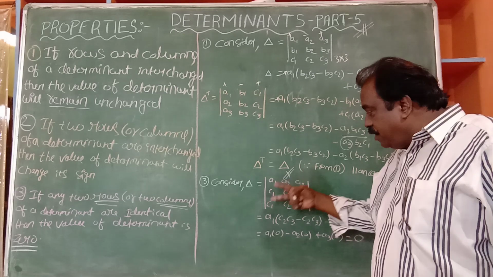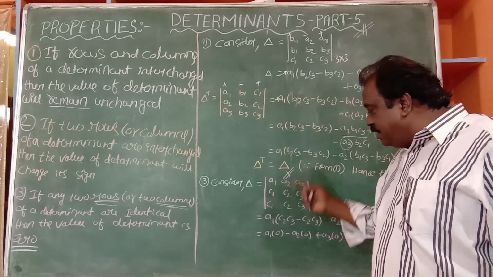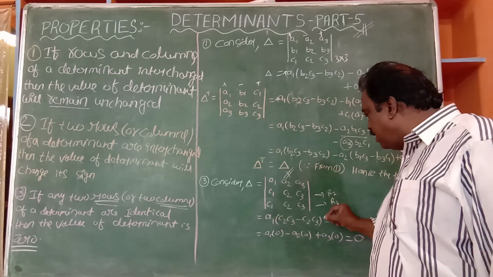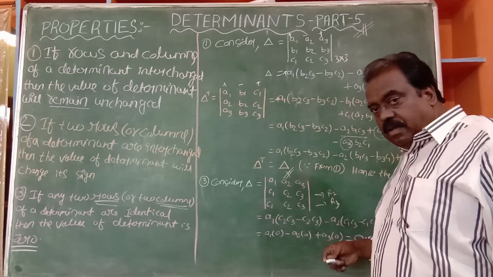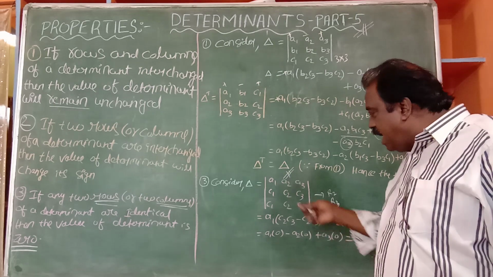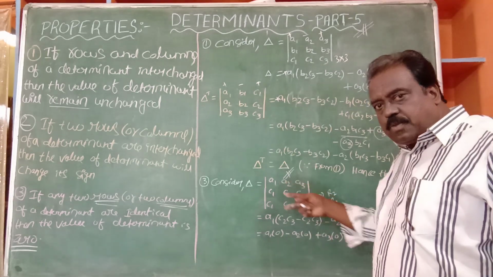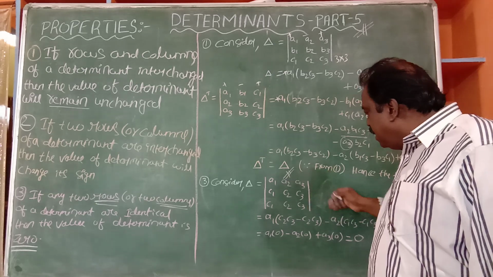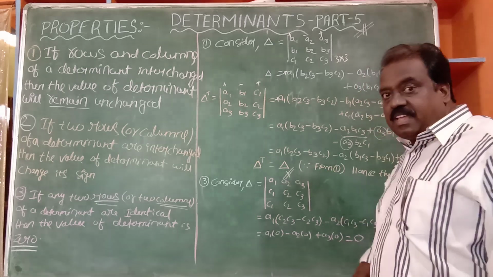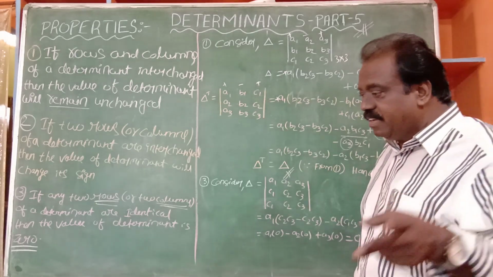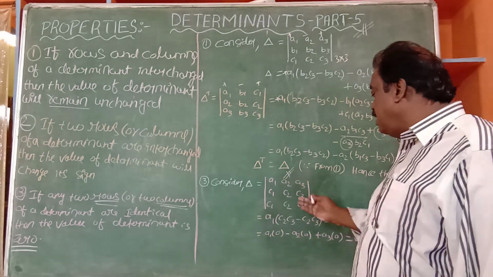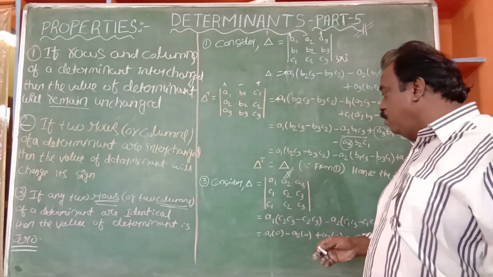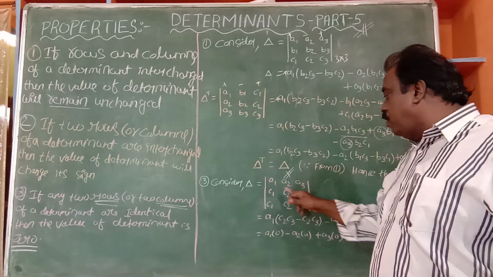That means the two rows, R2 and R3, have the same corresponding elements. Then we may say that the determinant has identical rows.